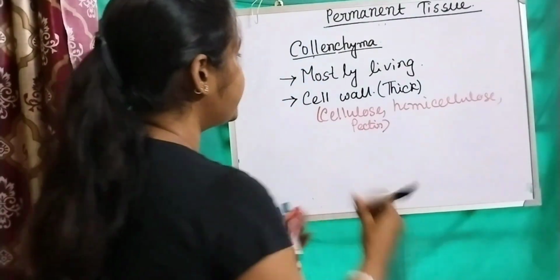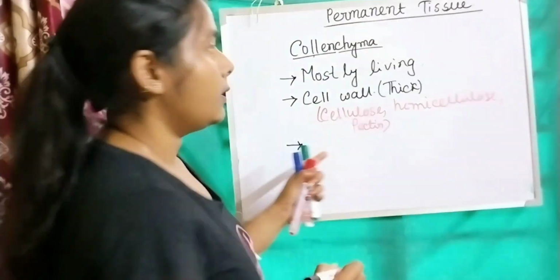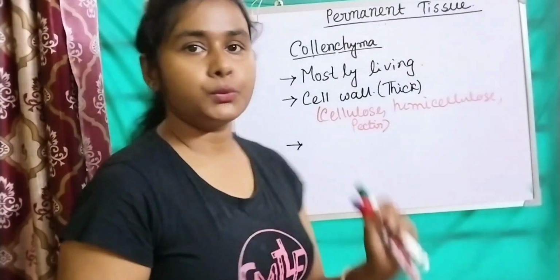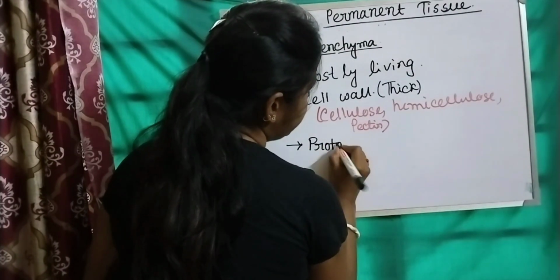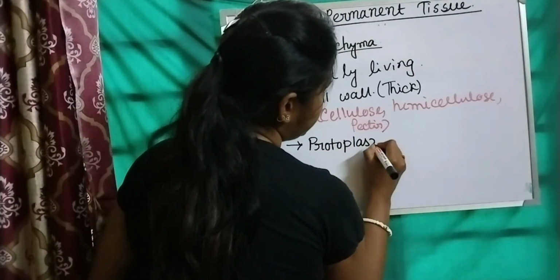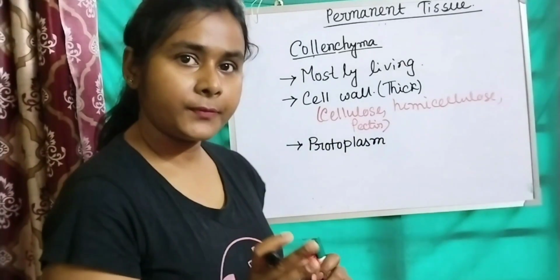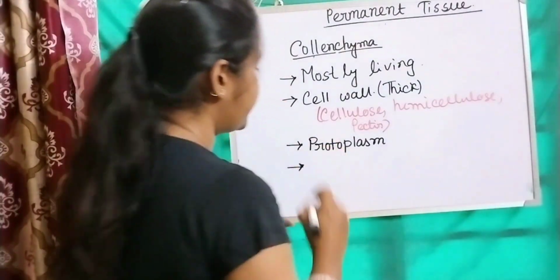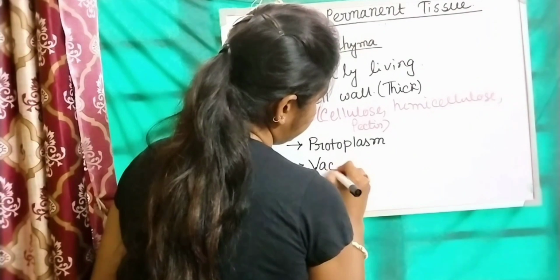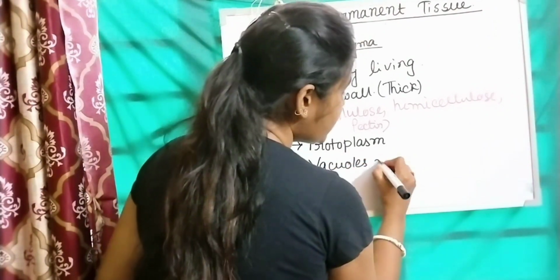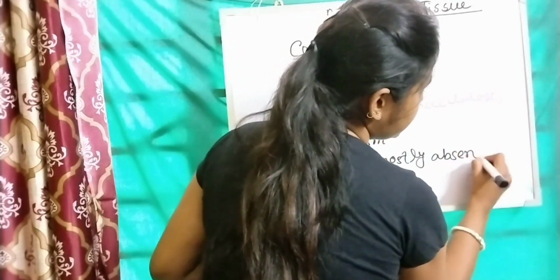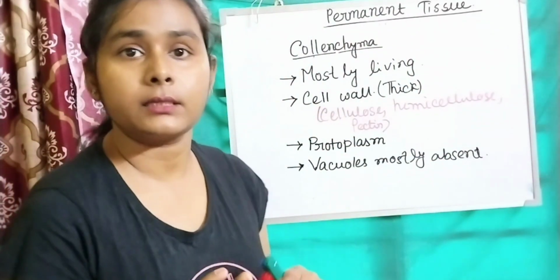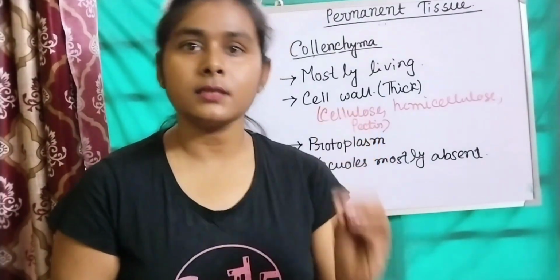Okay, next part, in collenchyma tissue, protoplasm is present. Next, vacuoles are mostly absent, but if present, the size of the vacuole is very small.